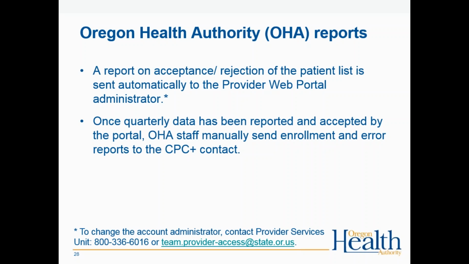For instance, if their Medicaid ID number or prime number doesn't match the record in MMIS, or the system's not able to find that member in the MMIS records. Aspects like that could cause individual patients to reject, and that report that we follow up with the following day, that we'll manually send out to the contacts, will detail patient by patient if they were enrolled successfully or rejected and the reason why.